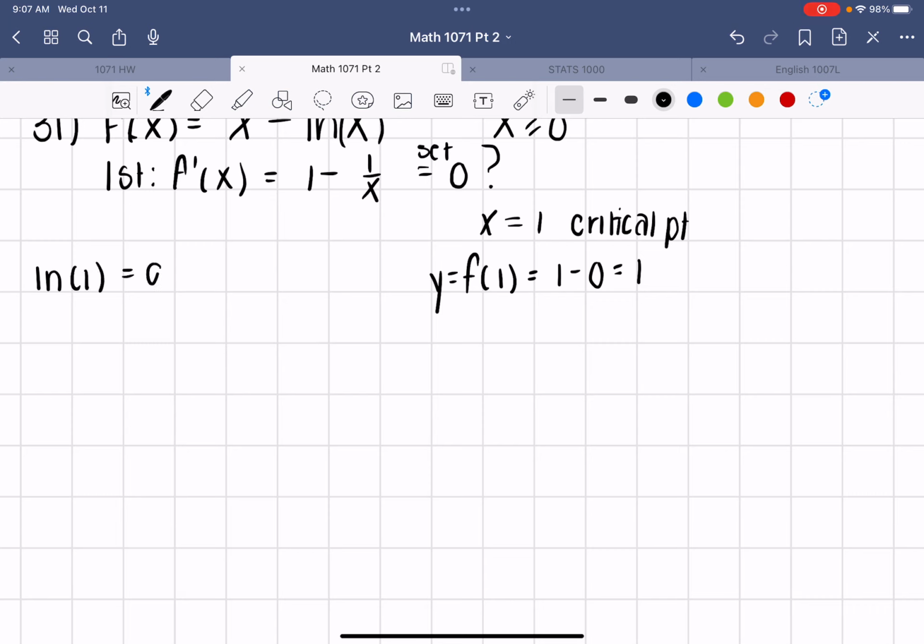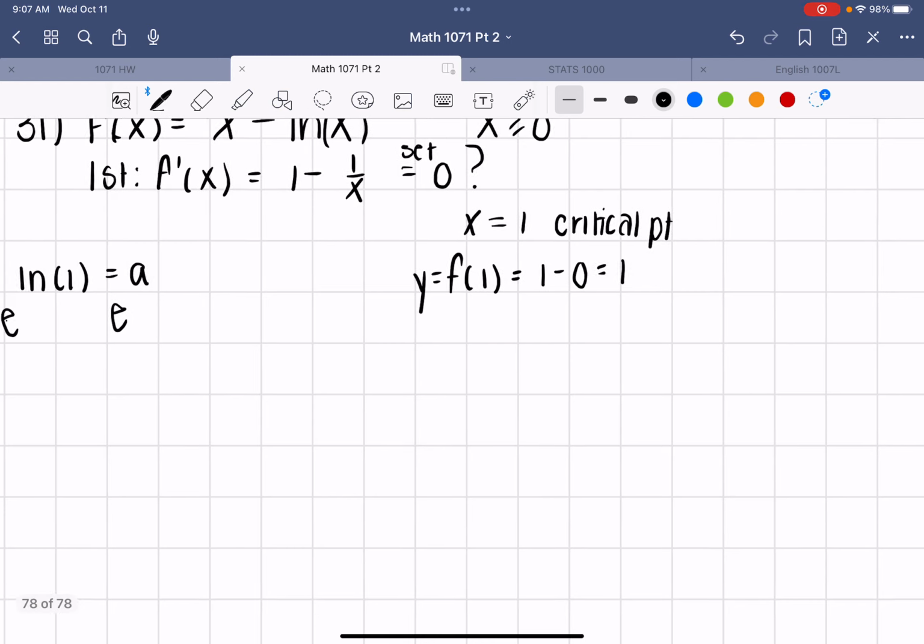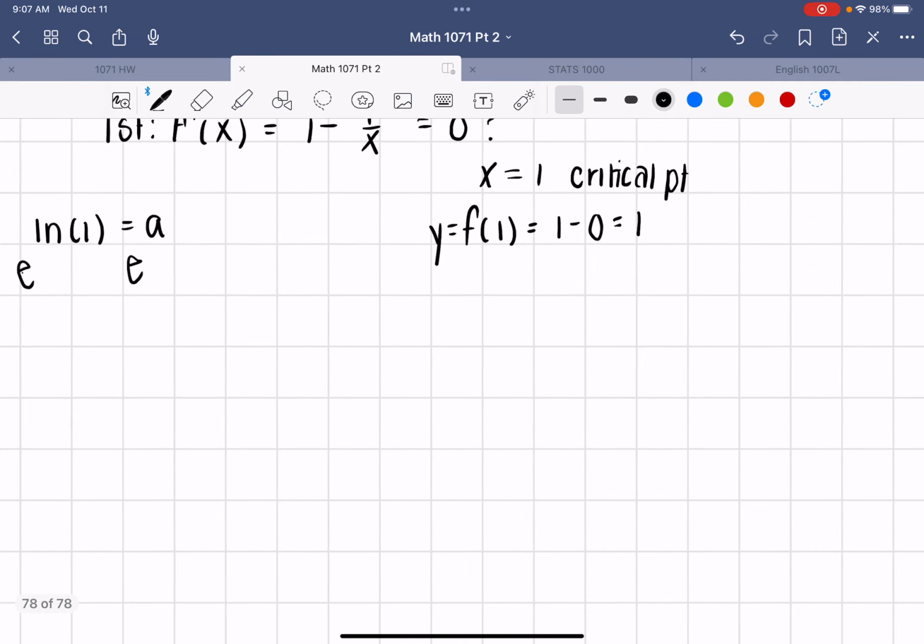Well, here we've got a logarithmic equation, right? And you remember the way we solved this? This was on the midterm. Remember the way you solved a logarithmic equation? You made both sides powers of e. So e to the log 1 is equal to e to the a. But e to the log anything, that's the identity. We call that identity 2. E to the log of anything is that thing.